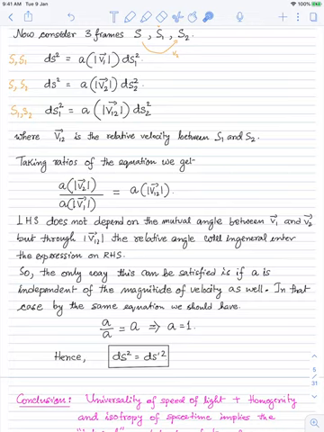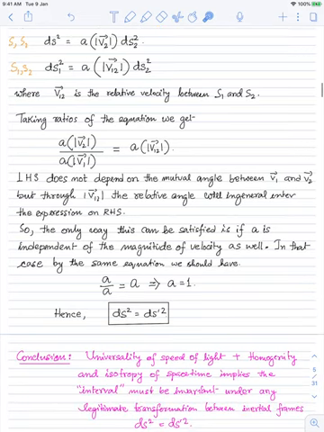Okay, so as I mentioned before, you should think of this as like saying that the idea of distance is invariant under rotations. So under a boost, where frames are moving with respect to each other with constant velocity, the interval must be invariant. Okay, and that is a direct consequence of the universality of speed of light, which is a postulate of the principle of special relativity.